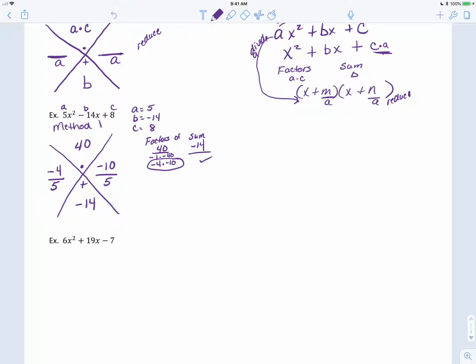Now remember I told you that you're going to have to reduce here. Well, this does not reduce. Negative 4 over 5. So this 5, the number that's on the bottom, moves to the front of my binomial, creating 5x minus 4.